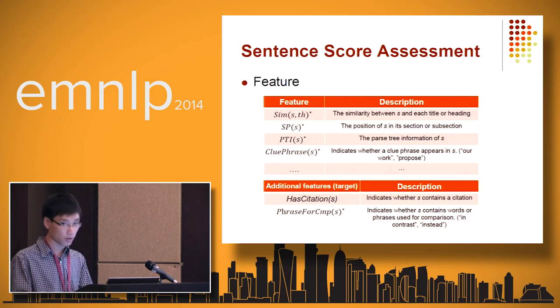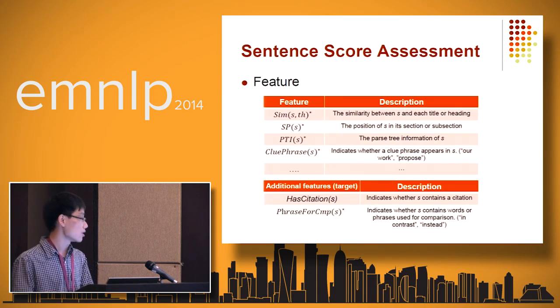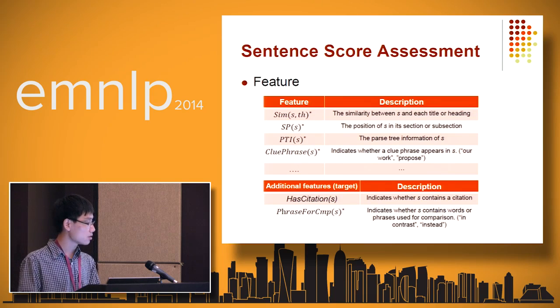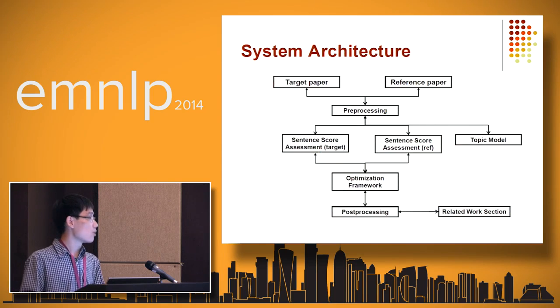The second table shows the additional features used in the SVR model for the sentences in the target paper, such as whether the sentence contains a citation or whether it contains words or phrases used for comparison, such as in contrast and instead. So this is the whole system architecture for our system.